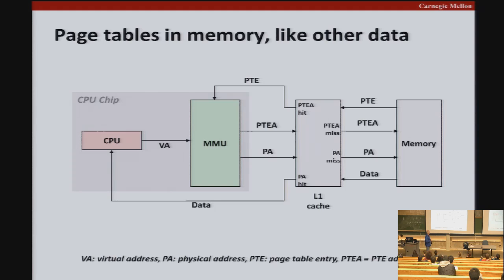If it's a hit in the cache, meaning the page table entry is in the cache, then the page table entry is returned directly from the cache, and we don't go to the memory system. If we get a miss on that page table entry address, then we have to go to memory, bring it back to the cache, in which case it's returned to the memory management unit. This cycle of hitting or missing is exactly the same as for the physical address for the data.